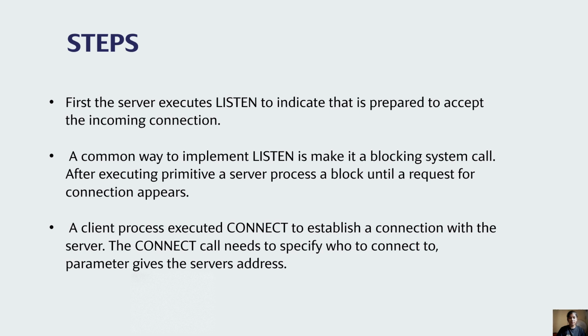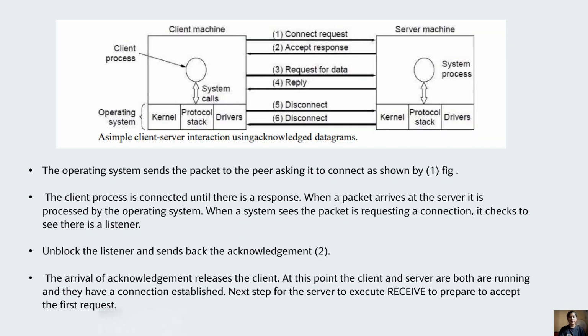After executing the primitive, the server process blocks until a request for connection appears. A client process executes connect to establish a connection with the server. The connect call needs to specify who to connect to, with parameters given as the server address. So basically listen is to accept and connect is to connect between the two layers after the listen is prepared.